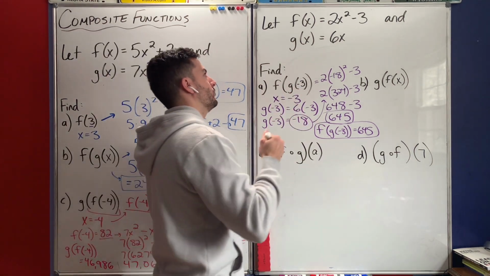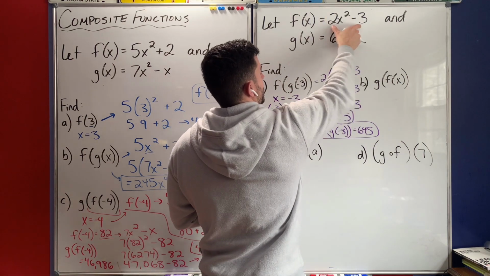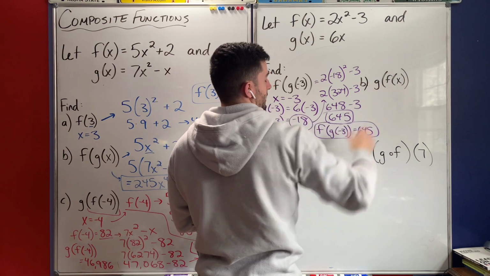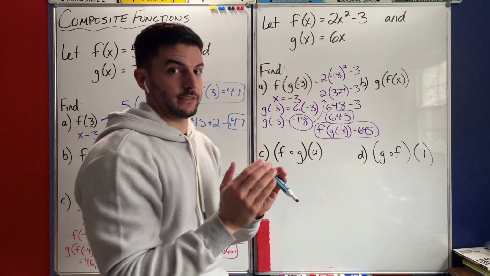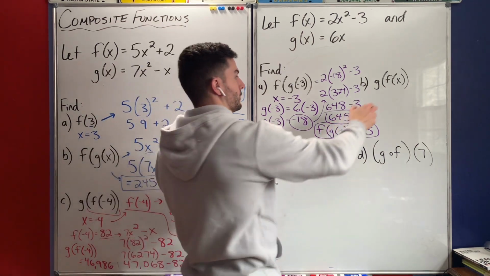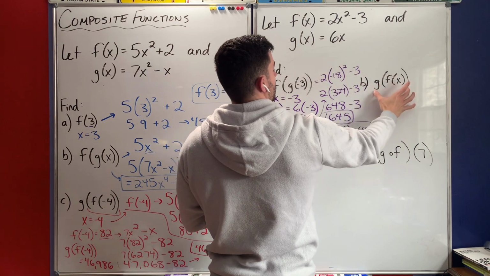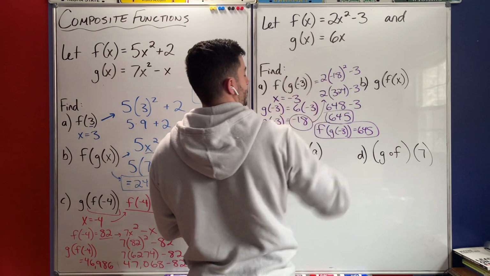When this happens, we don't plug anything in for x, but what this is saying is g of f of x. So take the f of x whole group, because I didn't get that down to a single number, I just have that group. Take that whole group, plug it into the g equation, but replace all the x's in the g equation with this whole group.